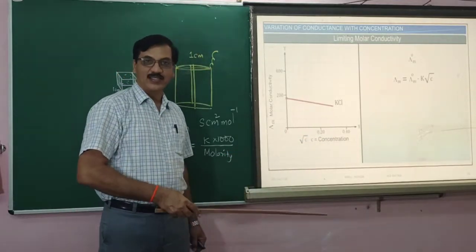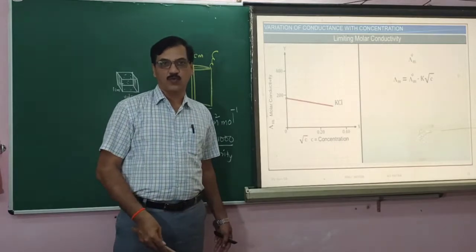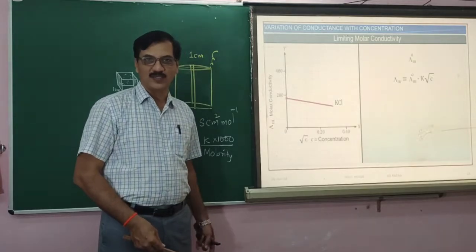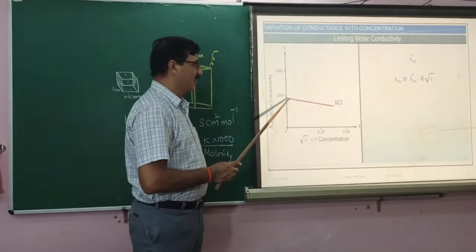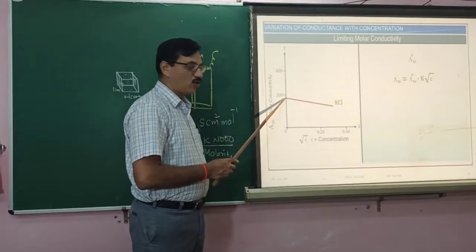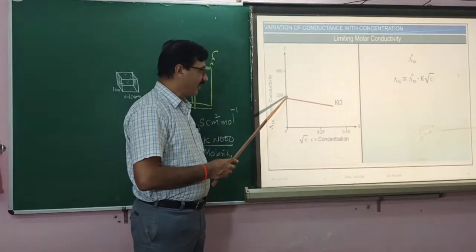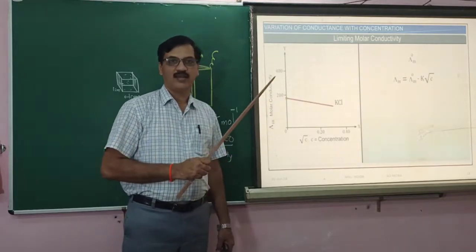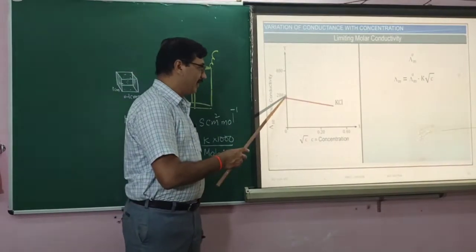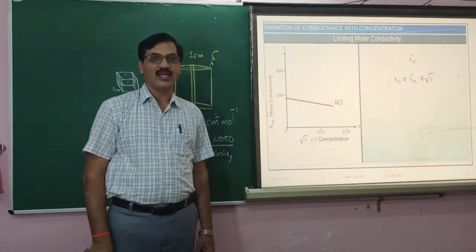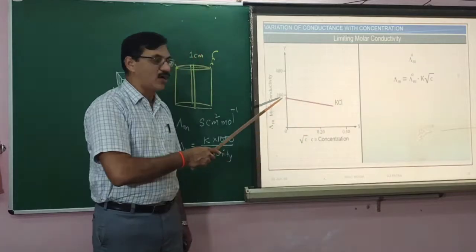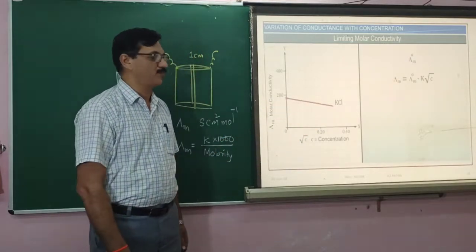That means with infinite volume of solvent, the value of conductivity of 1 mole of an electrolyte is a constant. So this is molar conductivity at infinite dilution, or molar conductivity at zero concentration. It is constant for a particular strong electrolyte, and it can be found easily from the graph.